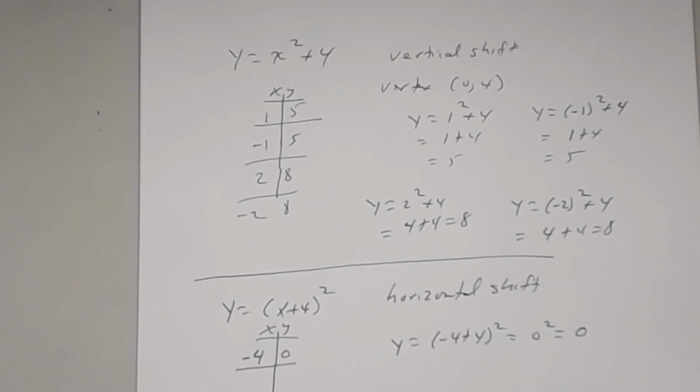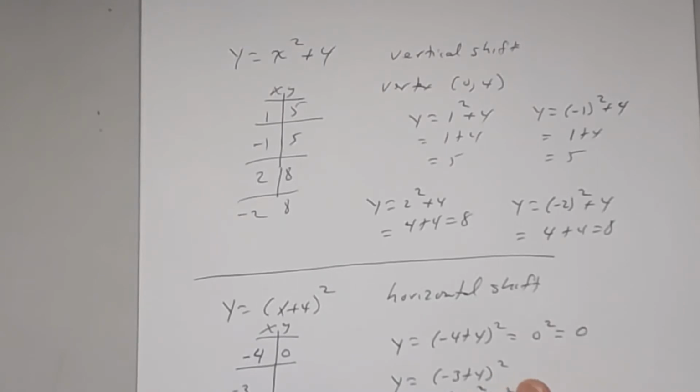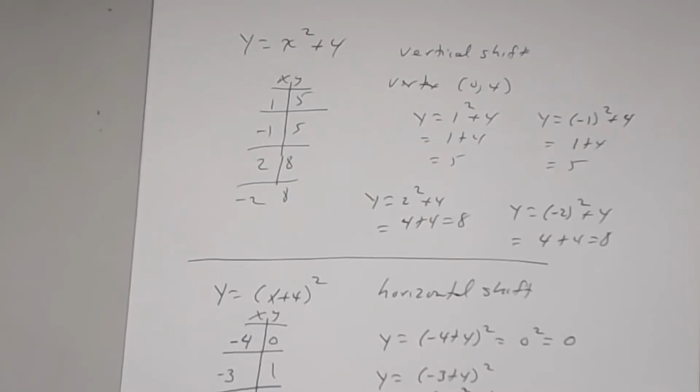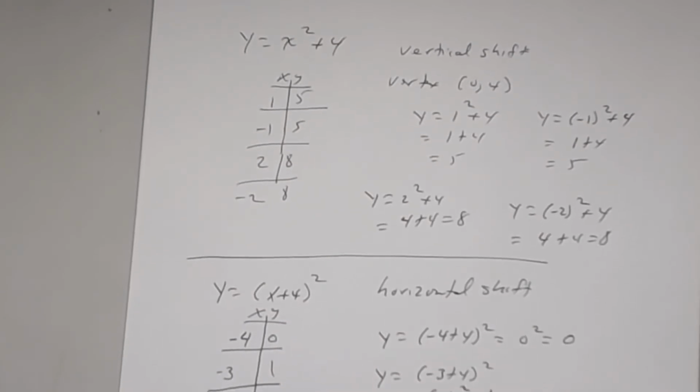If x is negative 3, I get y equals (negative 3 plus 4) squared. What's negative 3 plus 4? 1, and what's 1 squared? 1. If x is negative 2, I get y equals (negative 2 plus 4) squared. What's negative 2 plus 4? 2, and 2 squared is 4.